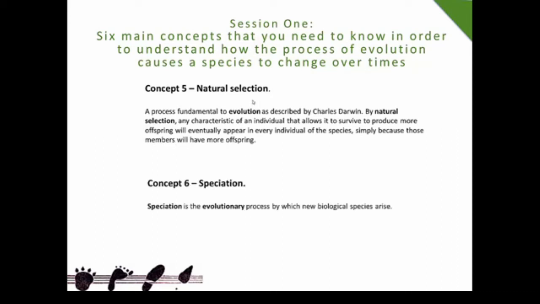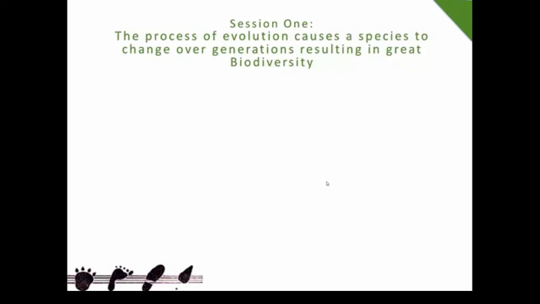And speciation. Of course, if we keep selecting some adaptive traits, at some point they might result in speciation, which is the evolutionary process by which new biological species arise. So let me overview those concepts.